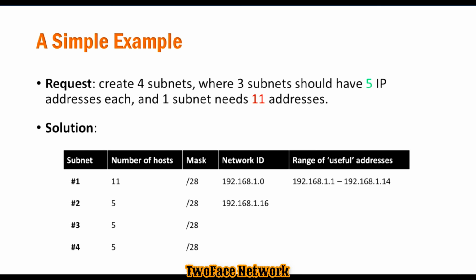Range of useful IP addresses in the second subnet is going to be the next 16 IP addresses as in the previous example, from 192.168.1.17 to 30, and then 31 will be the broadcast IP address for the second subnet.